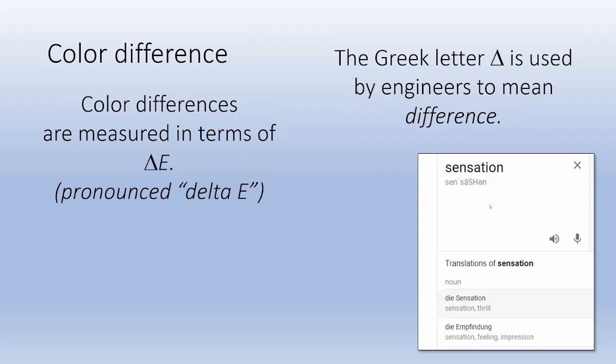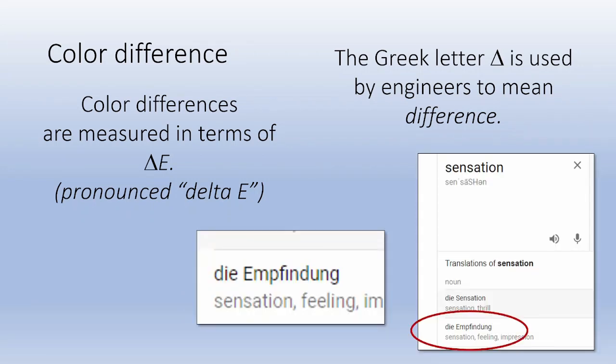And that's the term that's used here. E stands for Empfindung, and so this is really the difference in perception or sensation. I think it's funny that we use a Greek letter and a German term together to make that.